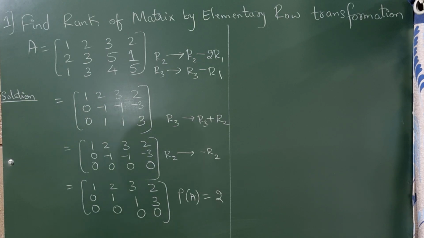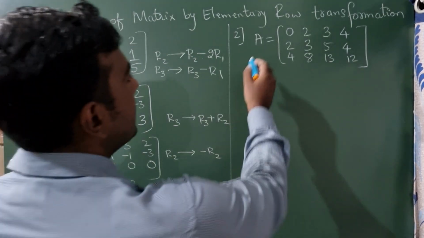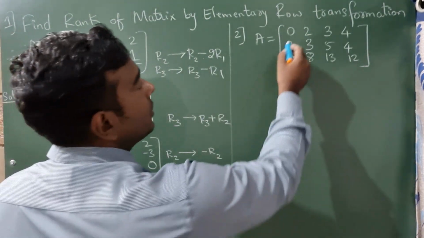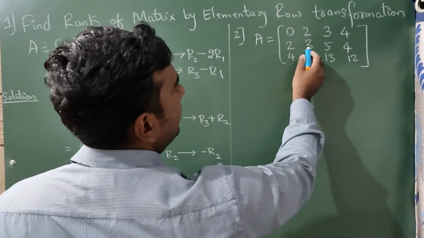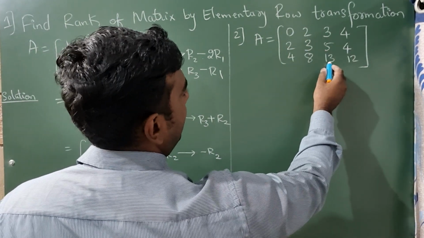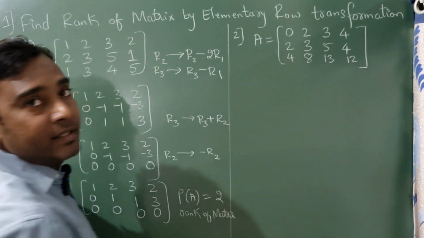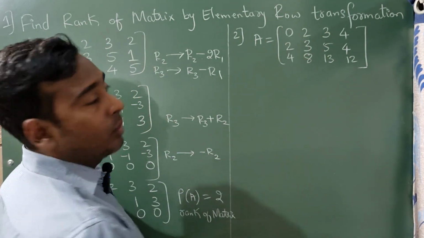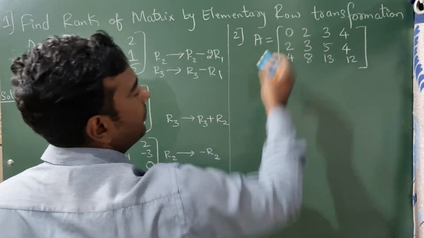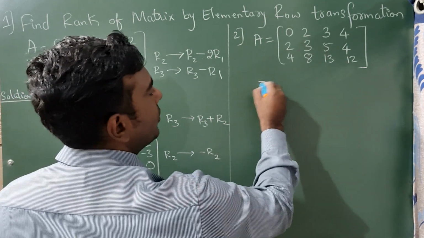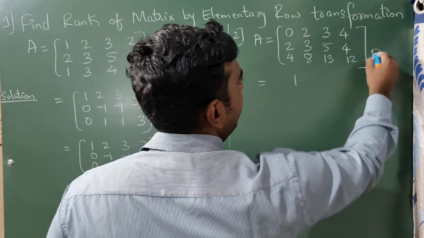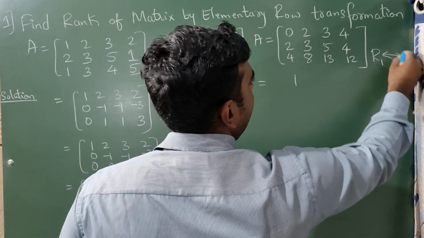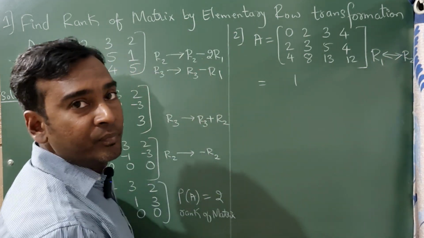Now the second question. The matrix is 0, 2, 3, 4; 2, 3, 5, 4; 4, 8, 13, 12. There should not be a 0 in the first row. So I am going to write here R1 interchanging with R2.